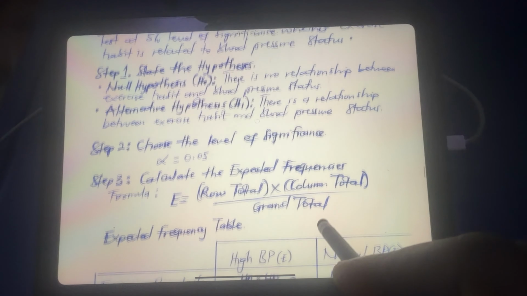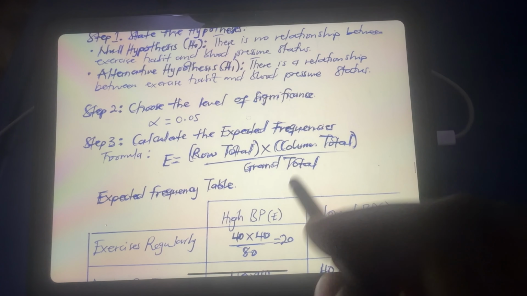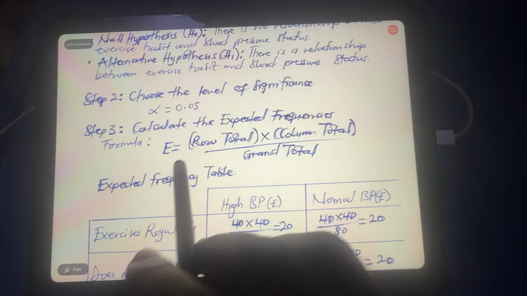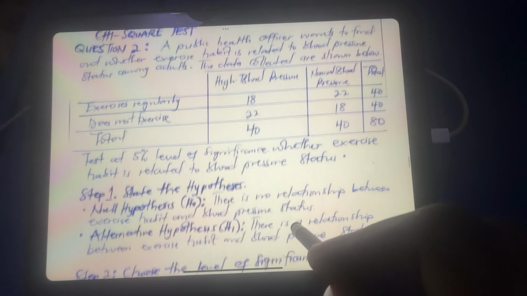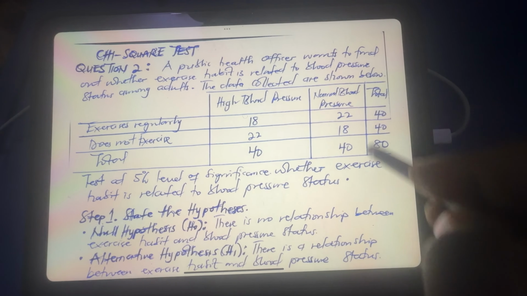Now, someone will ask why we are calculating expected frequencies. In calculating the expected frequency, you use the observed frequency table.